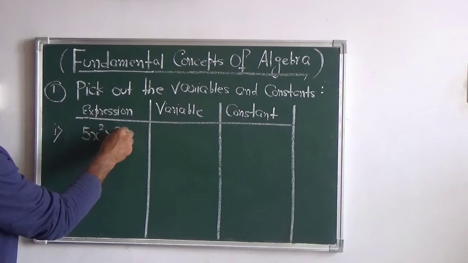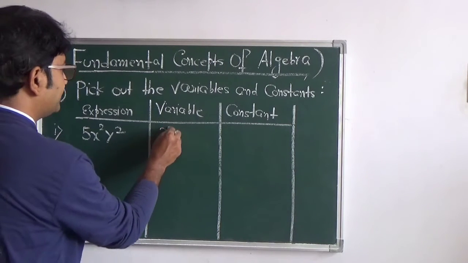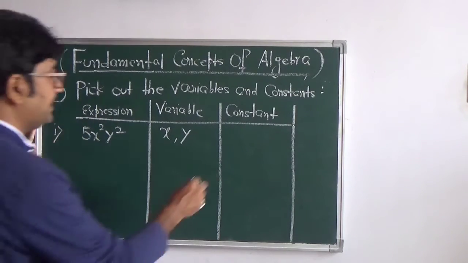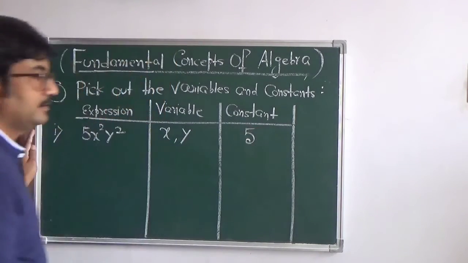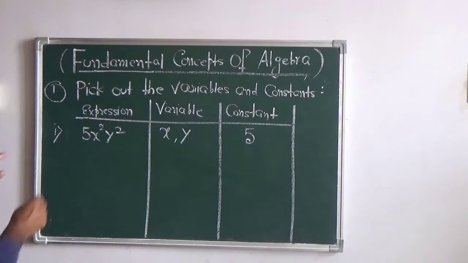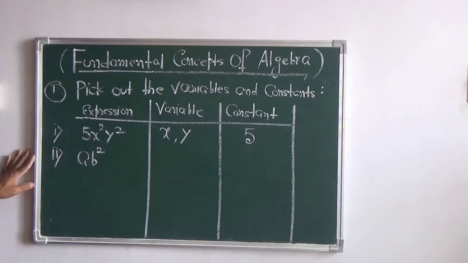5x square y square. Here you can see very clearly we have two variables, x and y. So variables x, y, and what is the constant? Constant is the value 5. Is it clear? We have ab square.